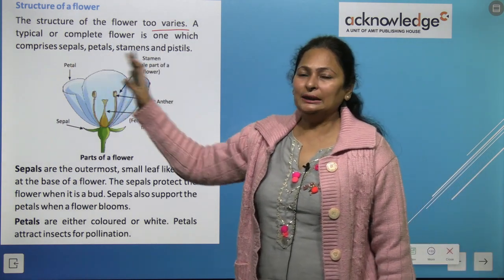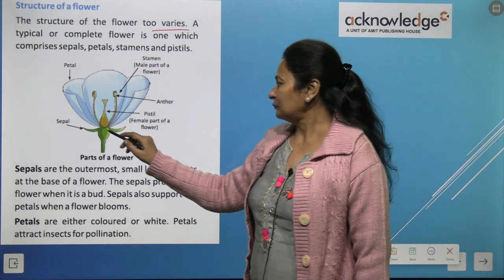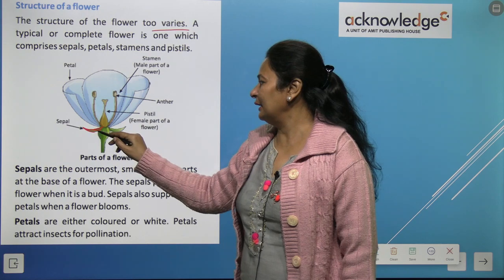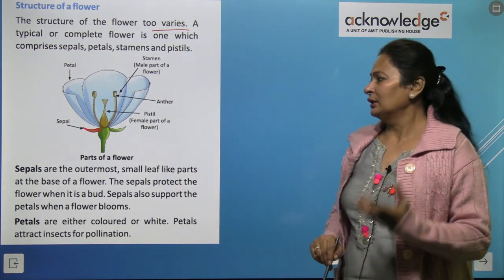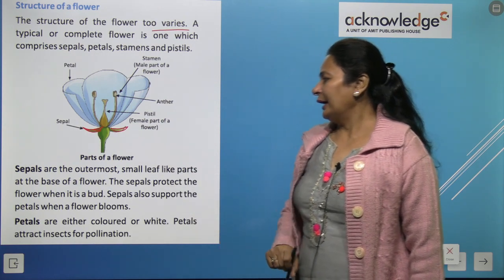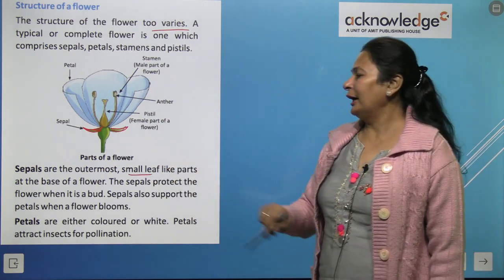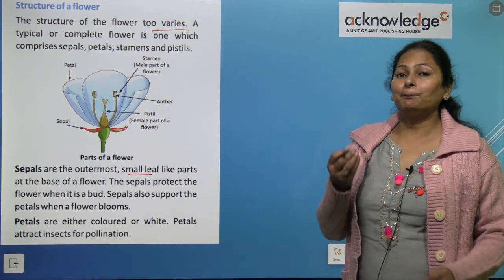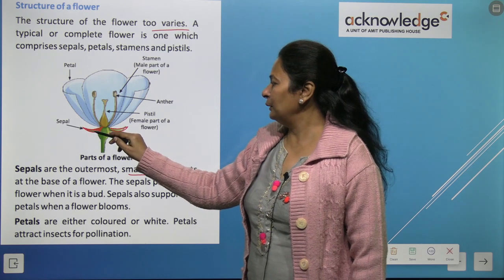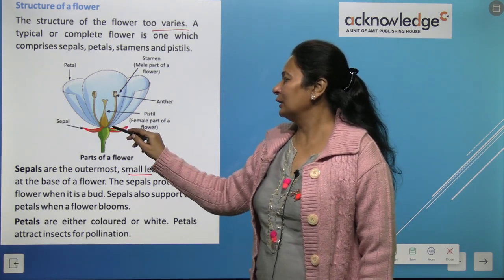So, sepal. This structure is visible to you. It is green in color, a small structure, right? This is called the sepal. It is the outermost, small leaf-like part at the base of the flower. You'll find it just below the flower.